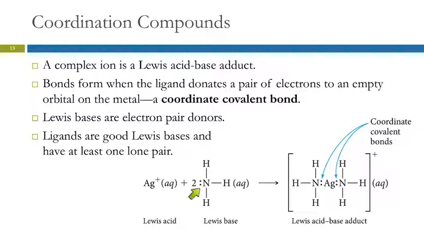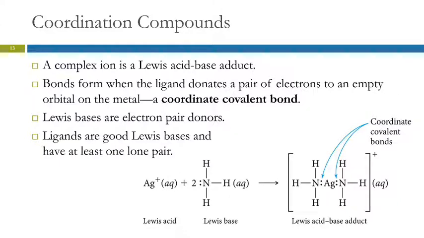And so you get a covalent bond forming over here. Now, there, coordinate covalent bond. And then another ammonia can come with its lone pair of electrons and also share with the silver. And then you've got a complex ion.